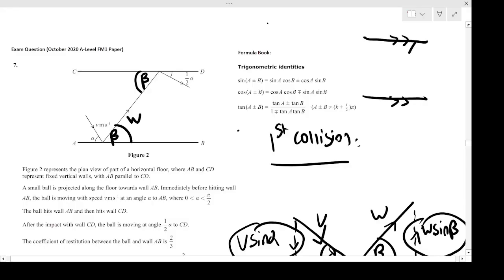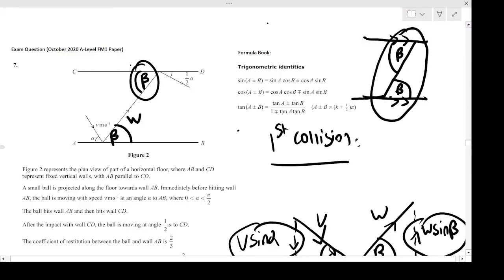So if this angle's beta, this angle's also beta because they're alternate angles. They make a Z shape. So we've got Z angles, alternate angles, so they're equal. So this angle here, as it approaches the second collision, is also beta because they're alternate. That's the first thing to pay attention to here. That could trip you up.